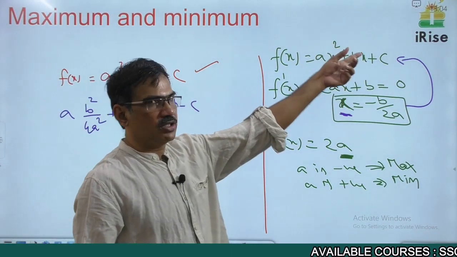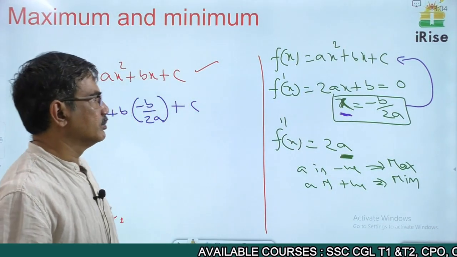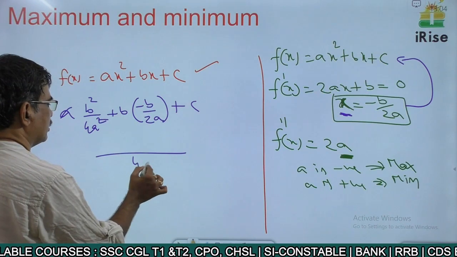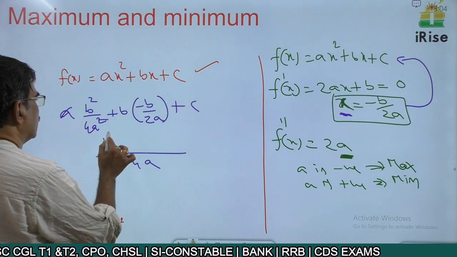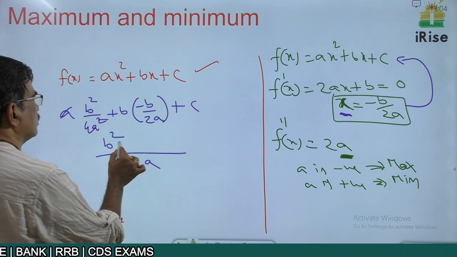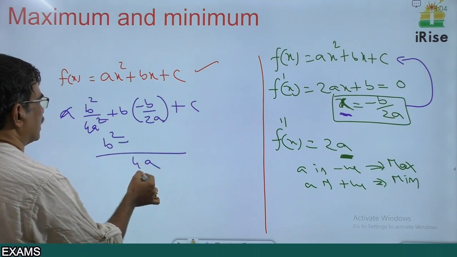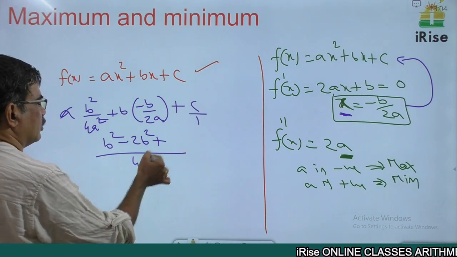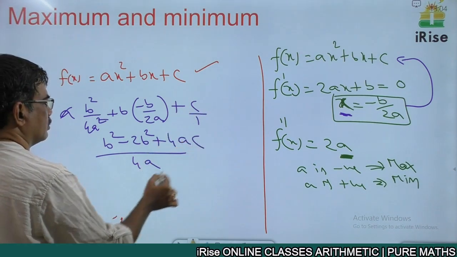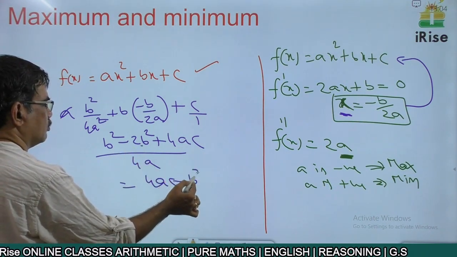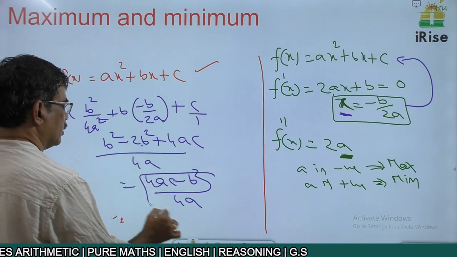If you substitute this, we get either the maximum or minimum. Simplify this: one a gets cancelled, the LCM is 4a, we get b square, minus 2b square, and the denominator is 4a, and c becomes 4ac. So we get 4ac minus b square by 4a.